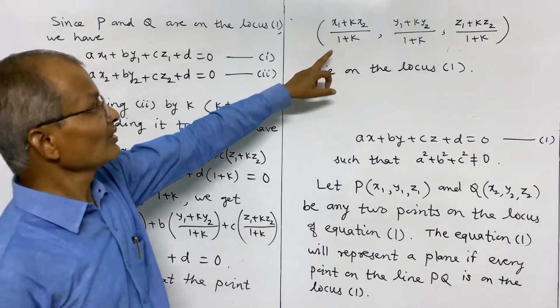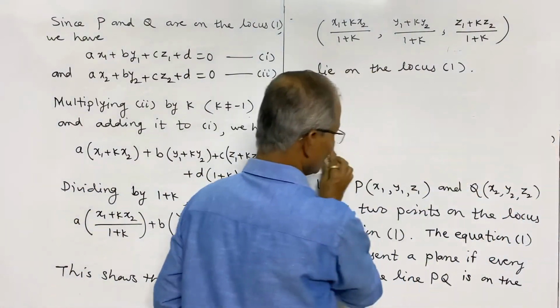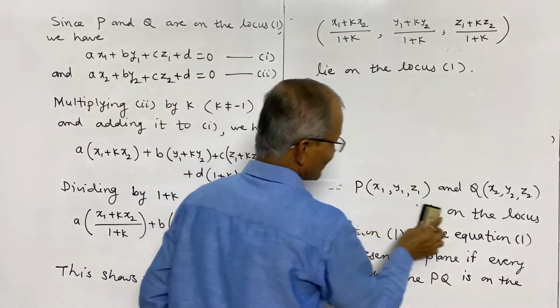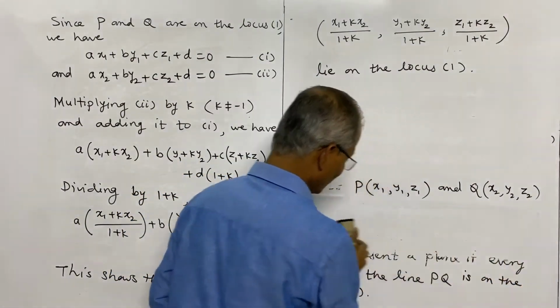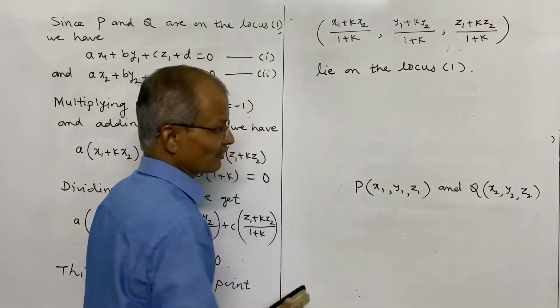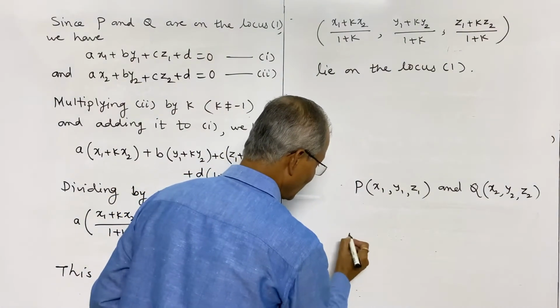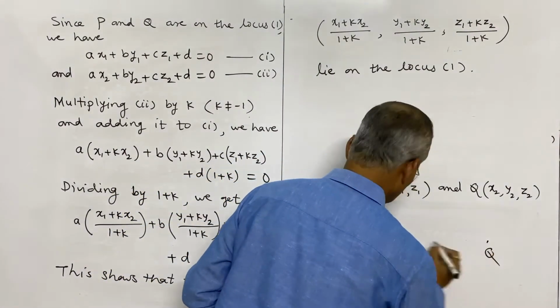But now you see, what is this point? This is a point on the line joining P and Q. Why is it so? P is this point having coordinates, and Q is another point we have considered.